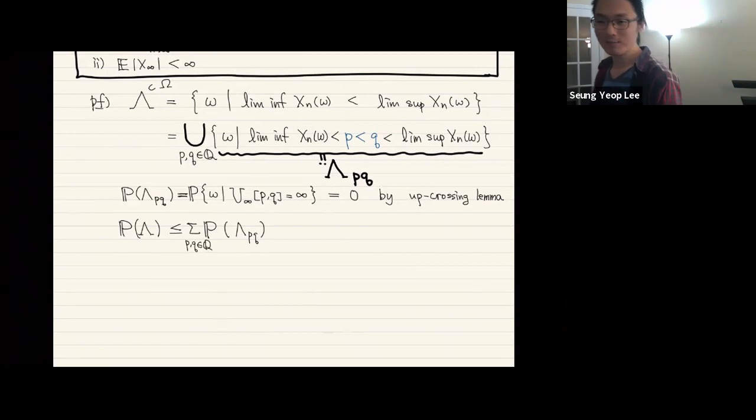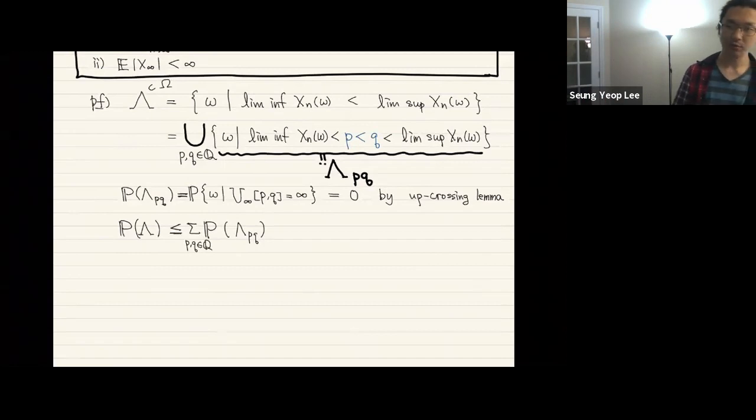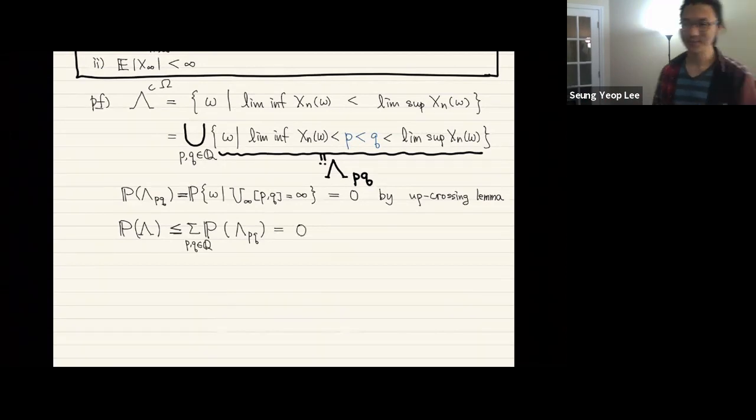Because the union of the lambda PQ is lambda, but the lambda PQ of course have non-zero intersections. Therefore, generally, the probability of the summation of the lambda PQ will be greater than the probability of lambda. And this is still 0, because each term is 0.